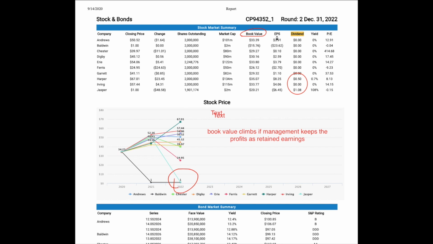But EPS is earnings per share. It's just indicating how well your company is doing. See, some of the teams have positive numbers, some of them have negative numbers, because your earnings per share is going up or down.